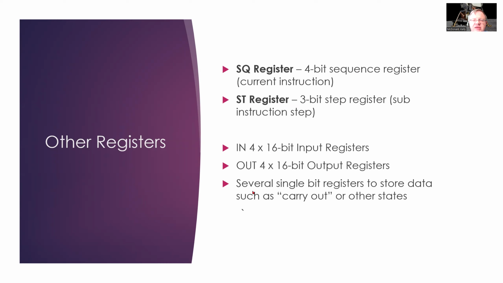And then throughout the system, there's several different little single-bit registers or flip-flops that store data, whether it's carry out or carry in. If we need to store extra bits, there's the branch register that I talked about, the 2 bits for storing branch information, and a few others that we'll identify as we go through each and every one.